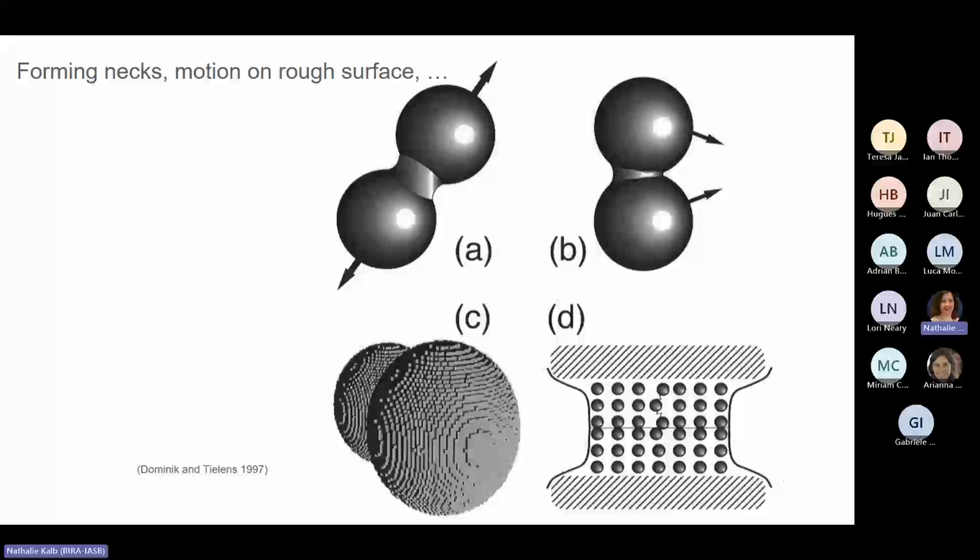So if you would roll each other, you would have to break this, make a new contact here, but that can dissipate energy. Or if you have rough surfaces and you slide over each other, that dissipates energy because on a microscopic scale, your atoms are moving and having friction. So all these details are out there, and someone thought about how to work out numbers there.